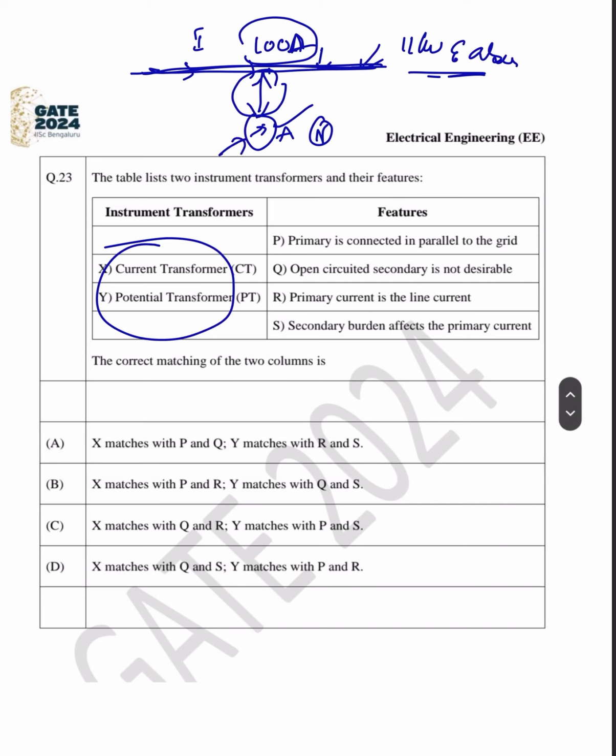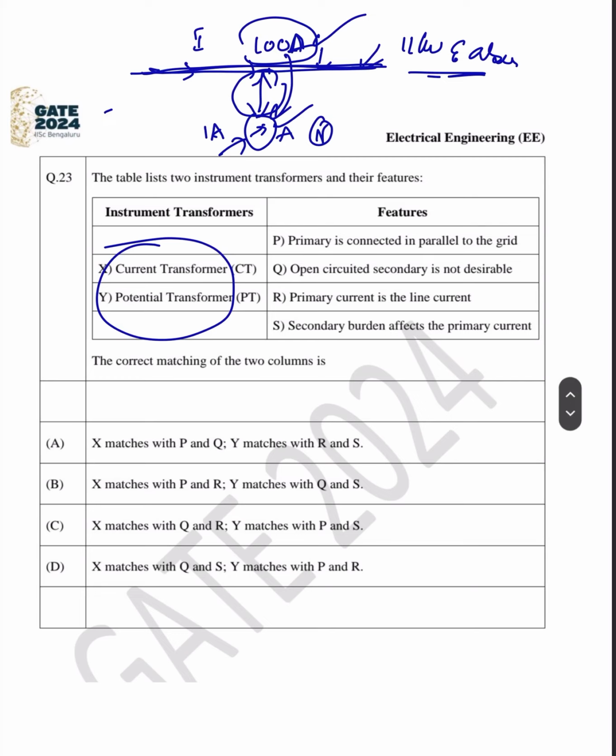This instrument will carry, or is capable of carrying 1 ampere. So I must step down this current. So step down, step up. How can you step up and how can you step down?